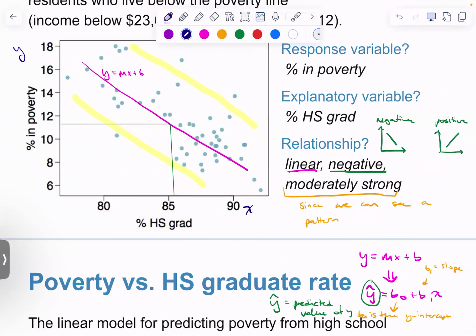Let's see. Which one of these do you think might be Georgia? Let's draw a line. I'll go all the way up here. By my best guesstimate, there's one point that I think could be Georgia.